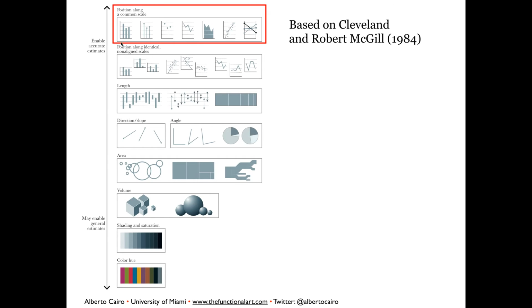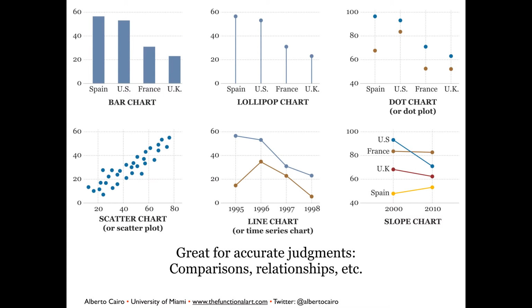So whenever we need to make a graphic with the goal of making accurate estimates, we should try to go up in the scale as much as possible. If it is possible, go to the upper portion of the scale. There are many other graphic forms that use both the size of objects and the position of objects to encode the information.